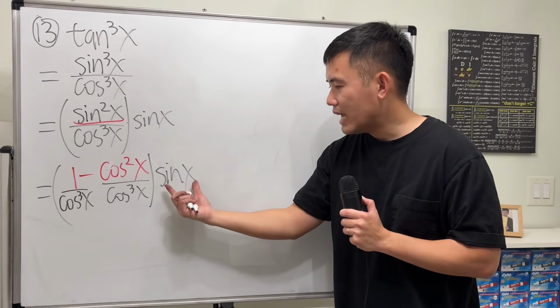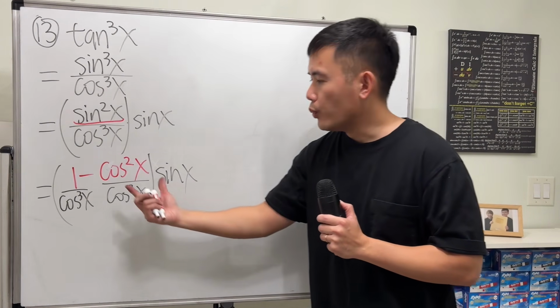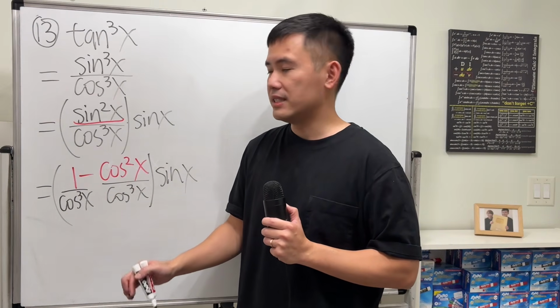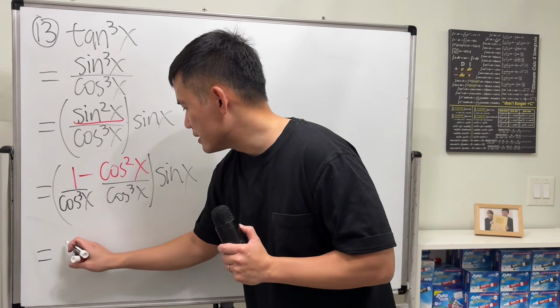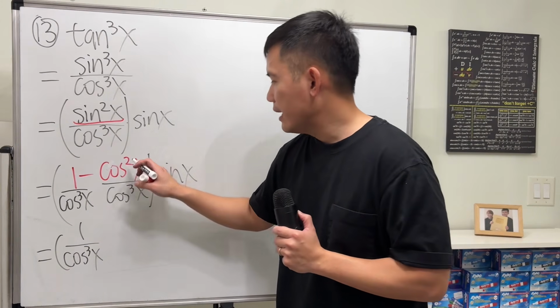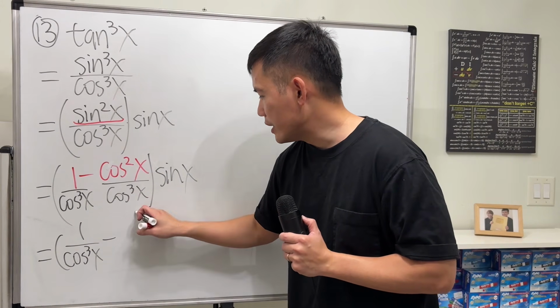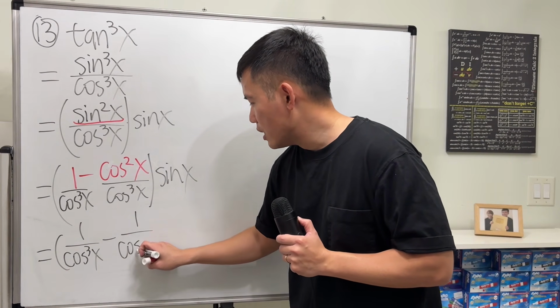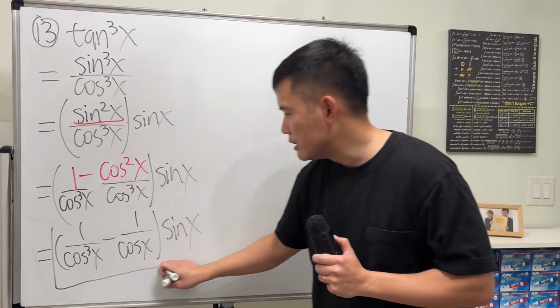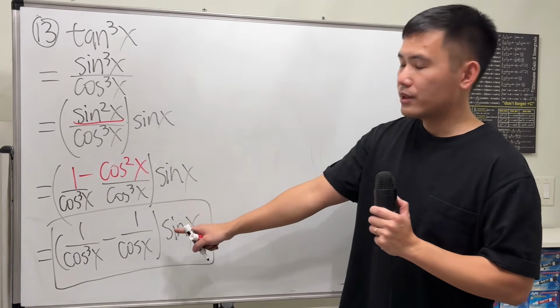And again, we have the sine x factor here, so we want to keep this in terms of cosine x. Do not change this to secant to a third power. Just go ahead and write this as 1 over cosine to the third power. And this right here, reduce that, we get 1 over cosine x. And then we have the sine x right here. And then you can proceed by letting u equal cosine x.